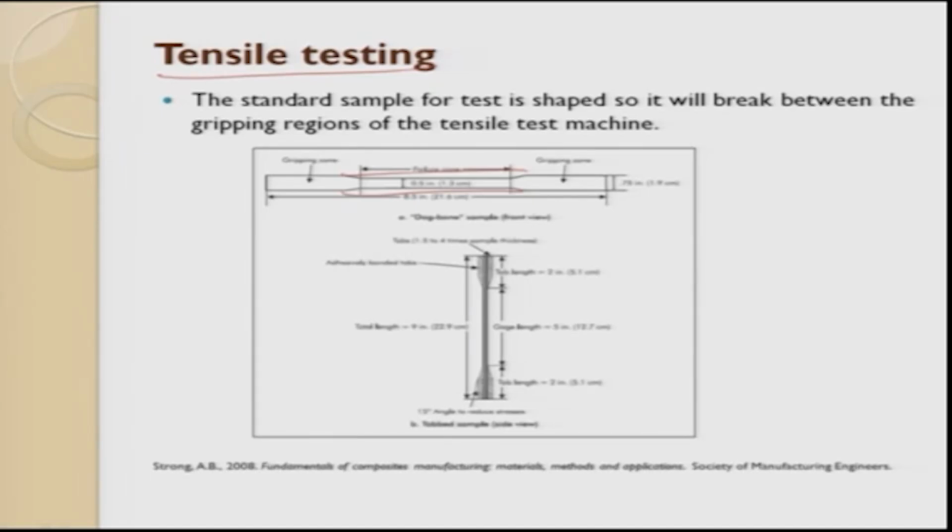And if you don't grip properly, you can see a failure happening here, a failure happening here, or a failure happening at these points. Generally, the failure has to happen very close to the center.